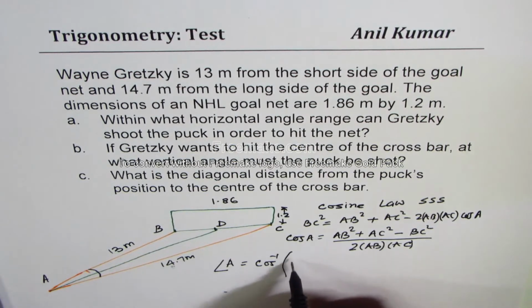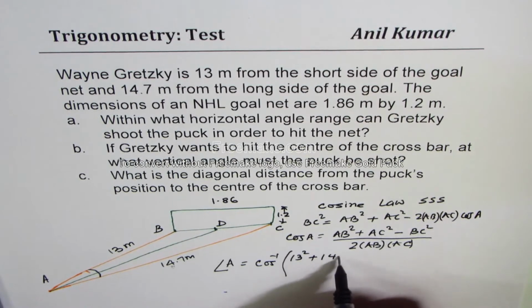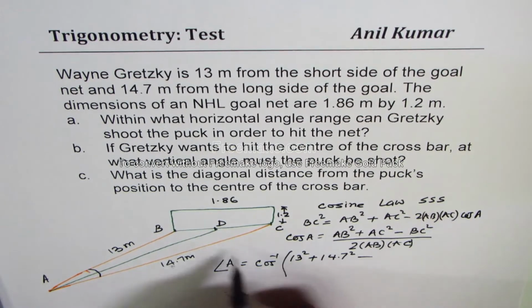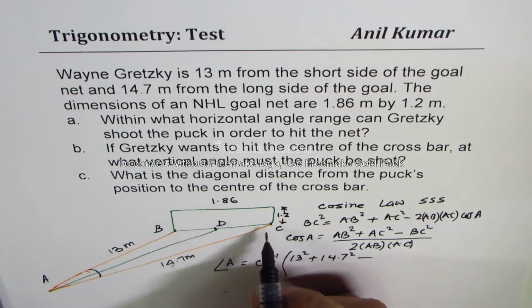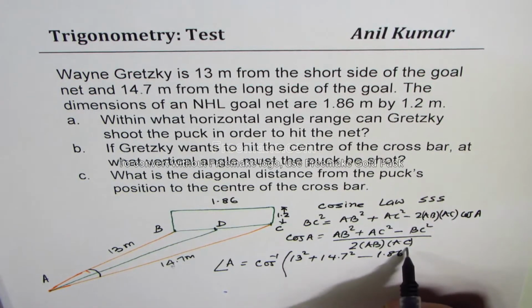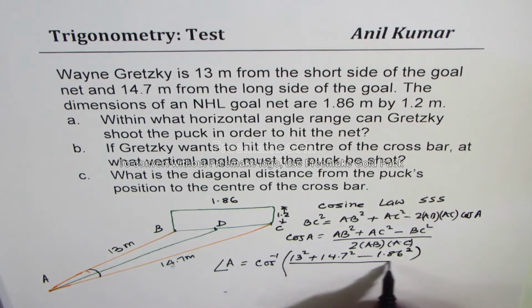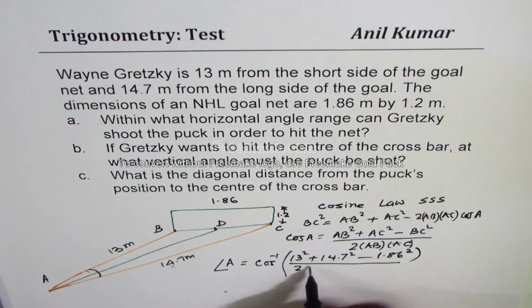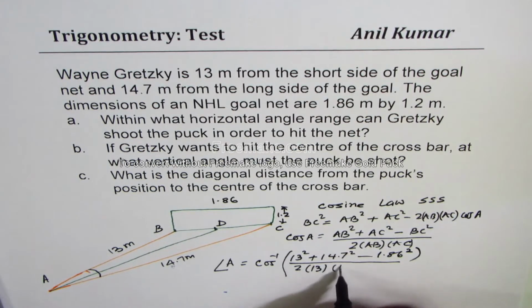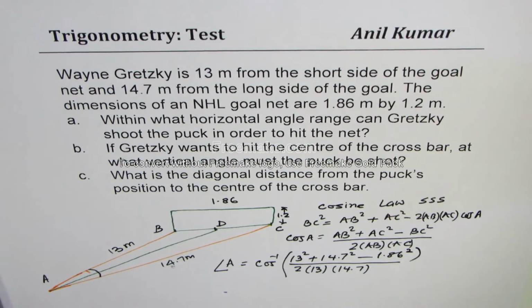AB square is 13 square plus 14.7 square minus this dimension, which is given to us as 1.86 square, divided by 2 times 13 times 14.7. Is it okay? So that is what we need to find.